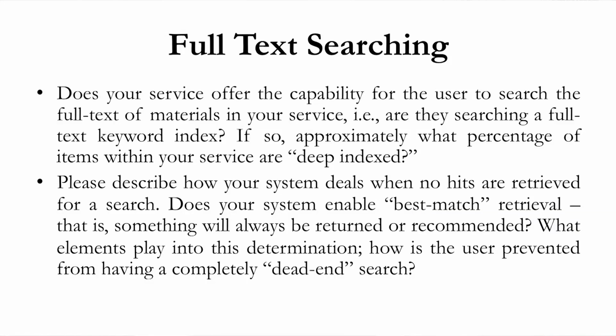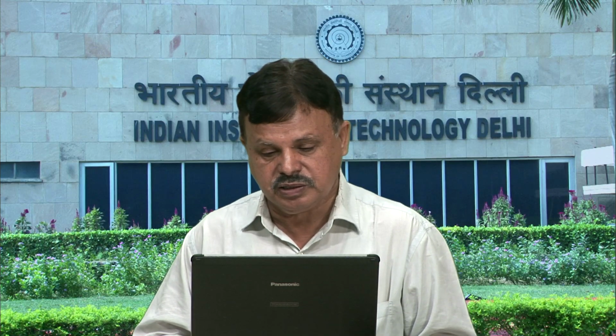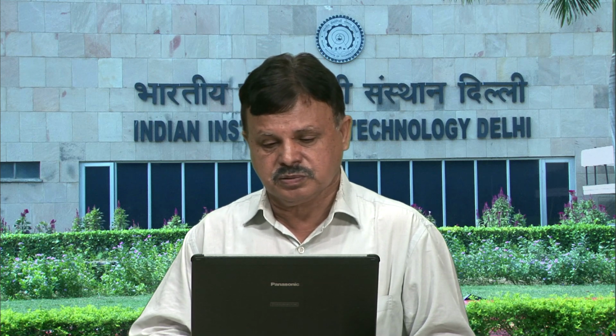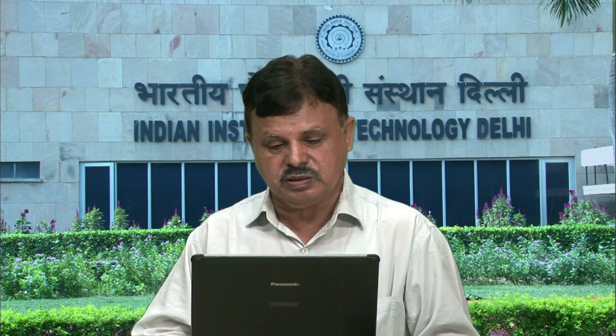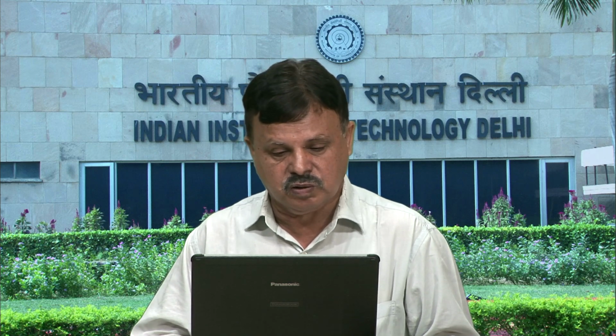And describe how your system deals when no hits are retrieved for a search. Does your system enable best match retrieval, that is, something will always be returned or recommended? Again, as we discussed earlier, we have to provide some options, some results to the user whenever the system has a lesser amount of information in that area. So the system should be designed so that it provides best match retrieval, or something that will always be returned or recommended.